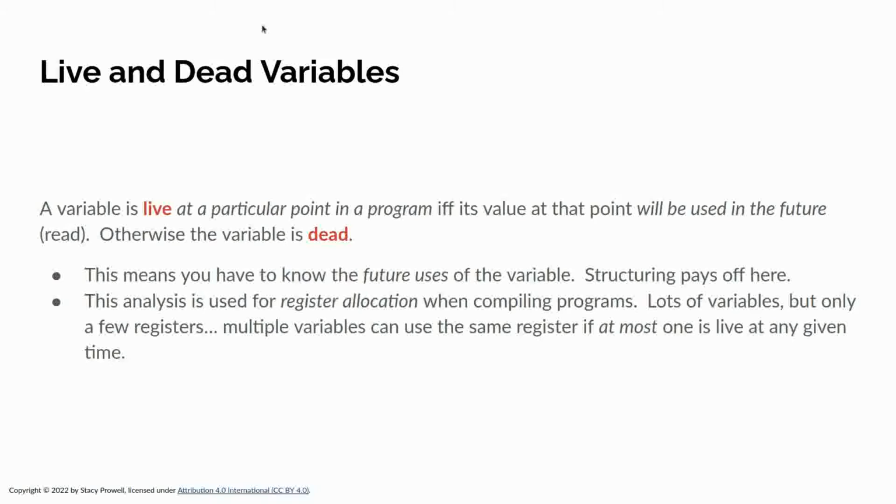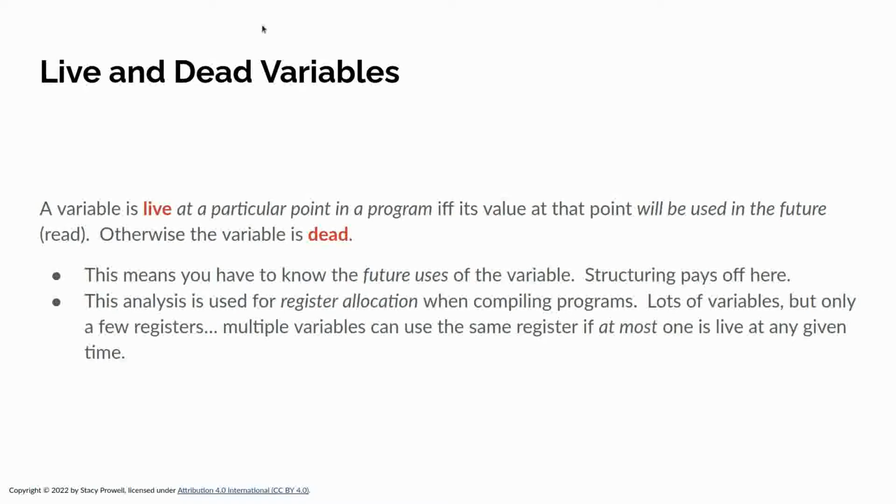Otherwise, it's dead. And this means that to figure out if a variable is live, you have to know the future. You have to know how it's going to be used later on. And if you're in a twisted spaghetti code knot, it's going to be really hard to figure that out.